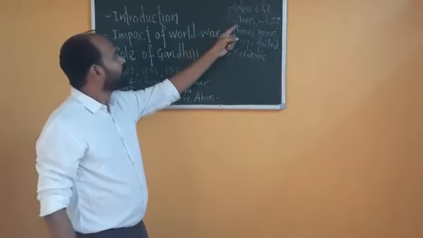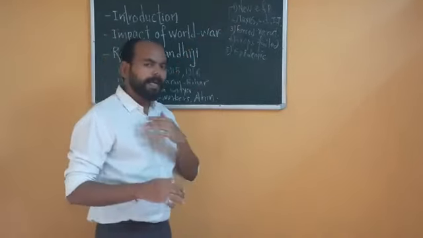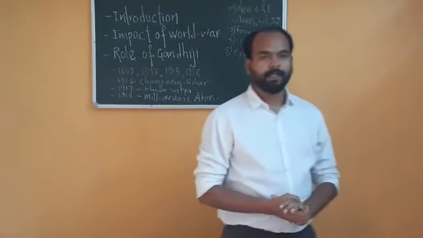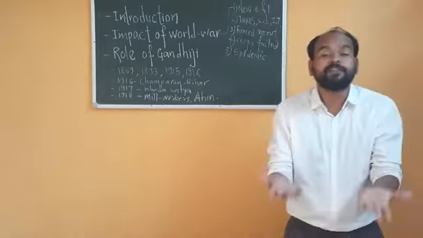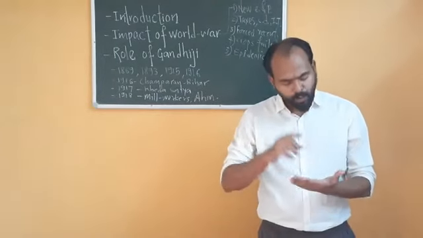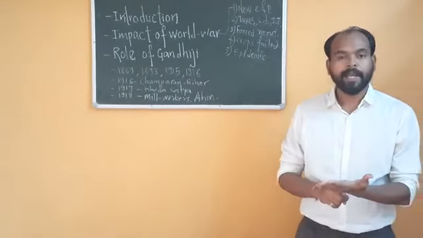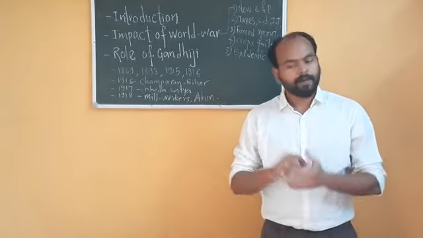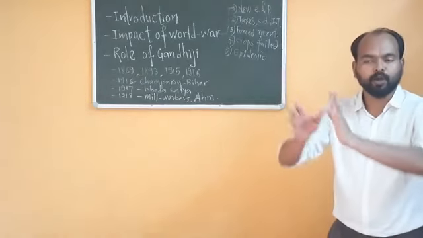Later, as the war progressed in Europe, England had to win it. In order to win the war, England had emptied its treasury. England wanted to win this war by hook or crook, because for England it was a war of prestige, and for that purpose England had used its complete finance and economy.